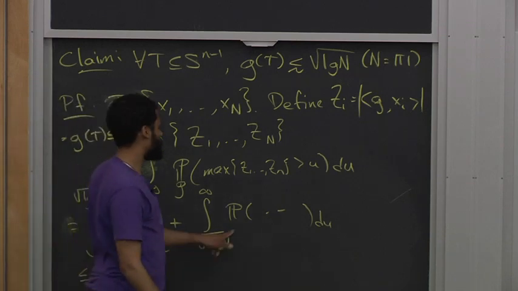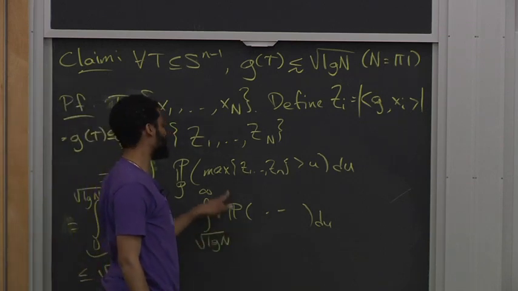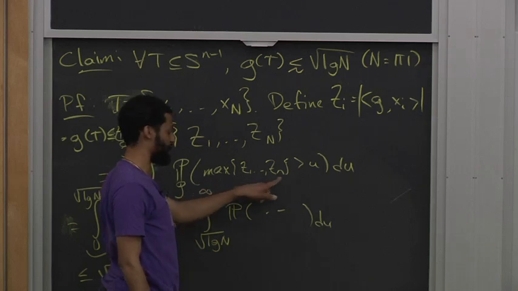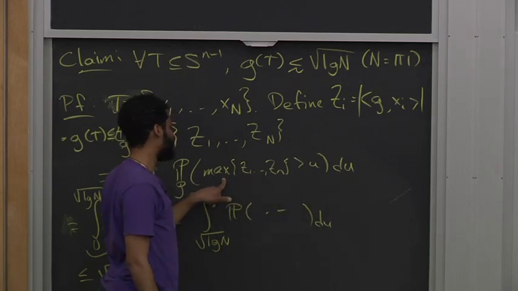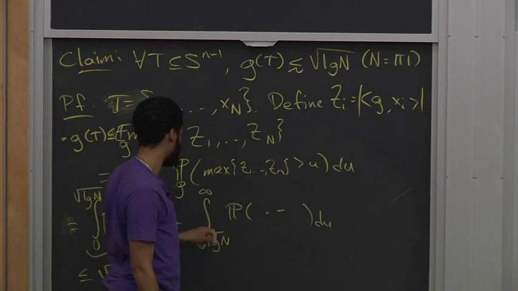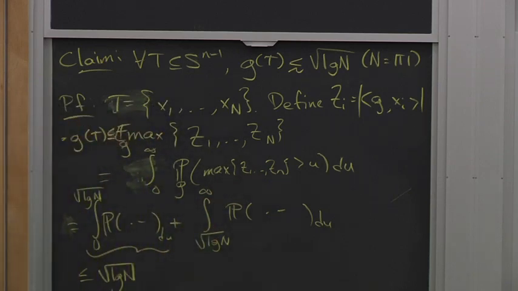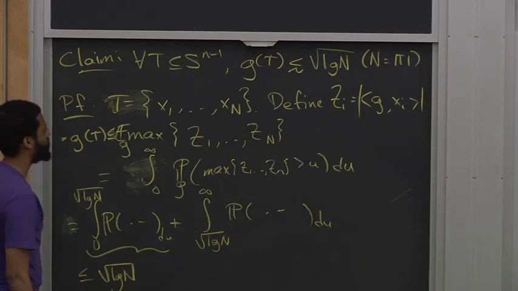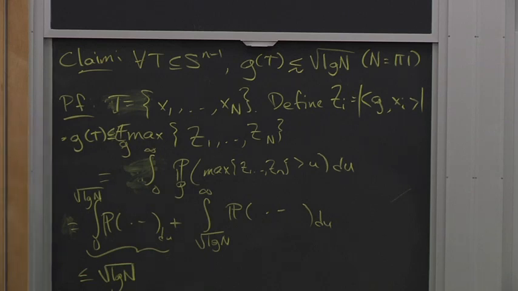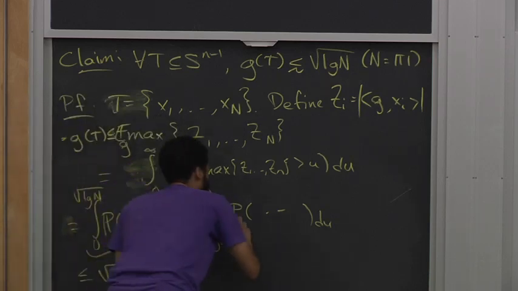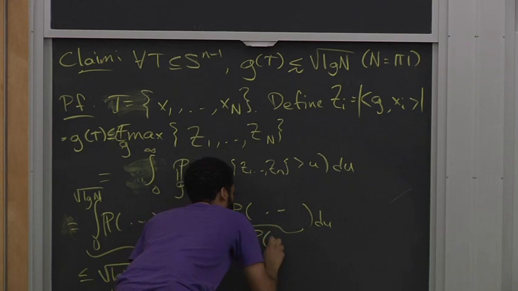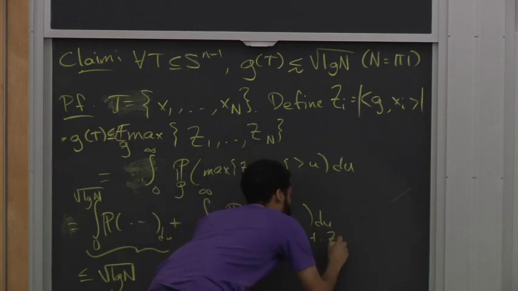Okay. Also by a union bound, the probability that the max is bigger than u means that there exists an i such that zi is bigger than u.